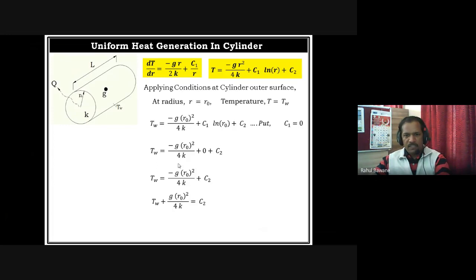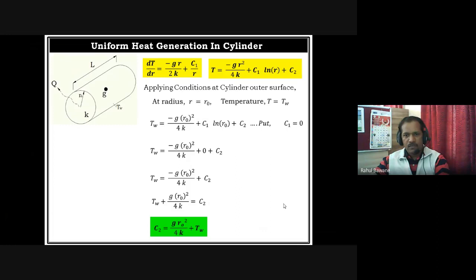Now if I shift this negative term to the left-hand side, it becomes positive: T wall plus g rho square upon 4k equals c2. That means we are getting the value of c2. So c2 is g rho square upon 4k plus T wall.